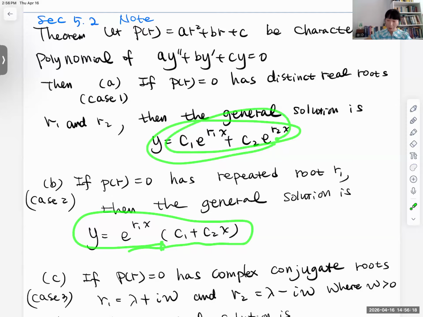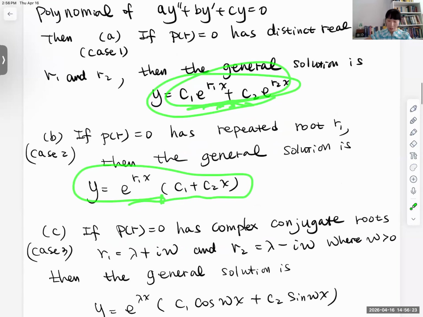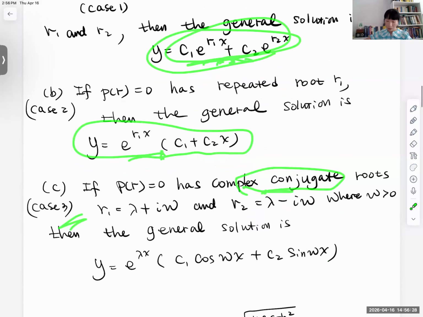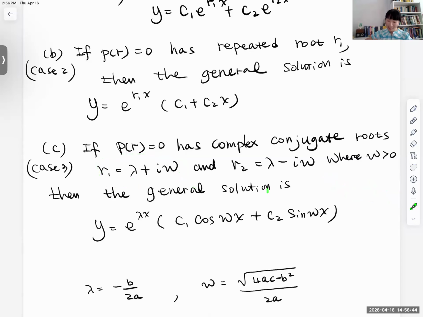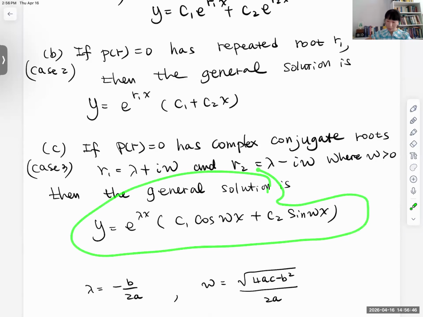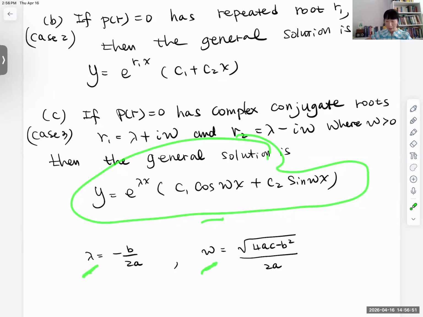For the first case, two roots, we use this format. And the third case, complex conjugate roots. Basically, our two roots will be lambda plus or minus i omega, and then we write the general solution in this format. How do they find the lambda and the omega there?